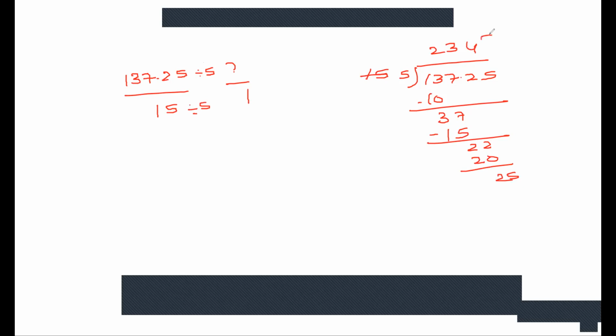And 5 times 5, 25. So it's 27.45 over 15 divided by 5, how much, girls? 15 divided by 5? 3. So this is your ratio, you got it.